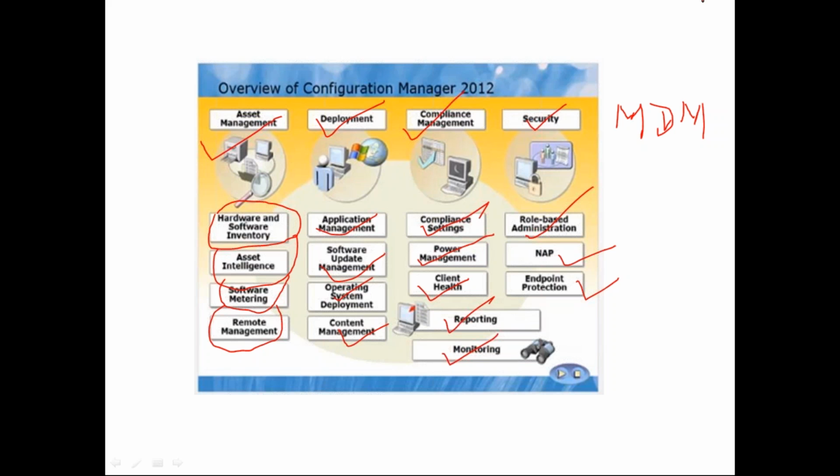not have the latest patches available. So what SCCM can do, SCCM can find out all those computers on which the latest patches are not available, and block them to a restricted network, not on the same network.